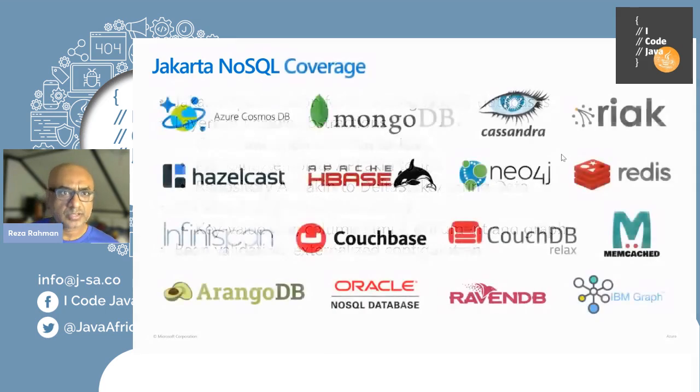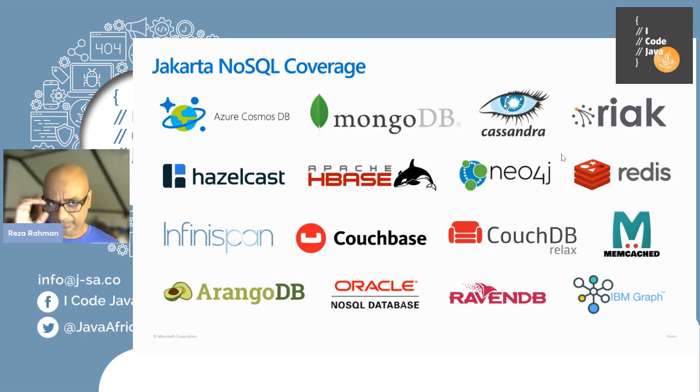Okay, so that's about enough of an introduction. Jakarta NoSQL is a standard. There's only one implementation of it right at this moment. It's called JNoSQL. If you go to the JNoSQL site, you will see that the implementation provides support for a whole bunch of NoSQL databases, from Cosmos DB, which is the one we'll talk about today, to MongoDB, to Cassandra, to a whole bunch of databases.